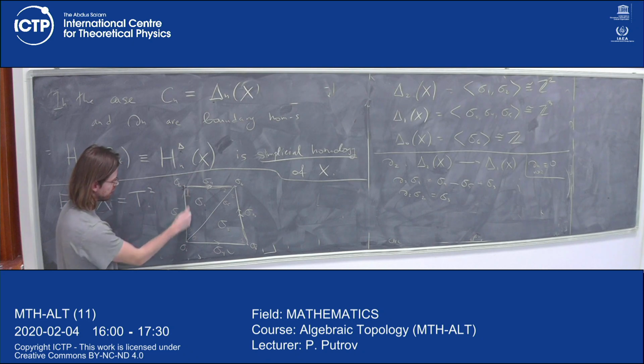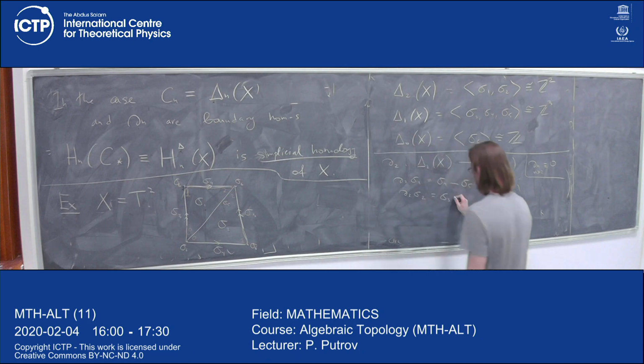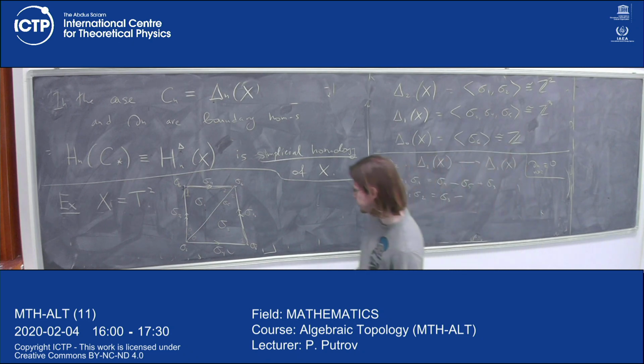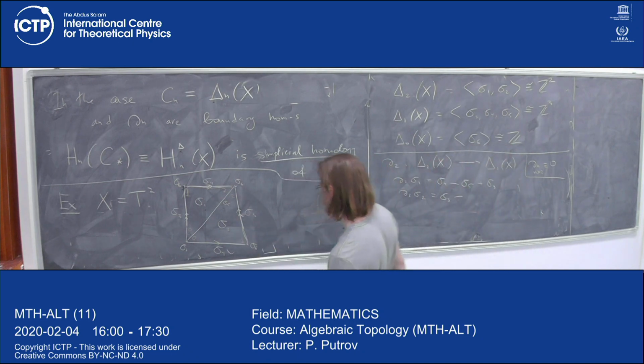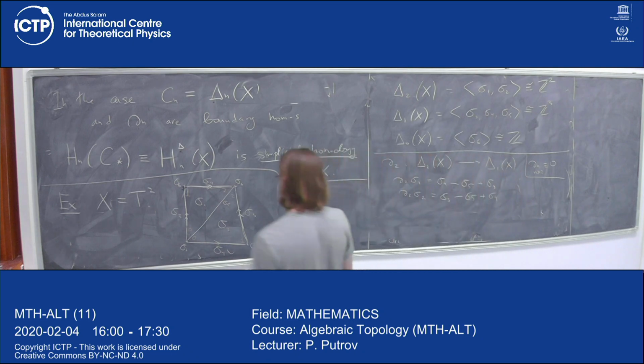This vertex goes after this in the ordering of vertices, and here it's also the same order because 2 goes after 1. And then if I remove 1, I get minus sigma 5, and then I get plus sigma 4. Right.